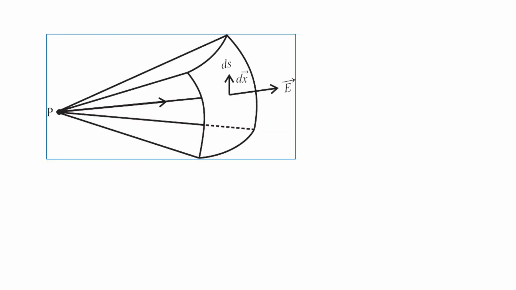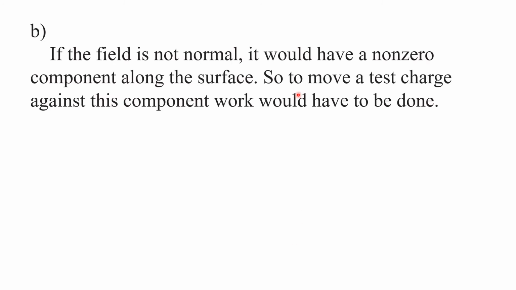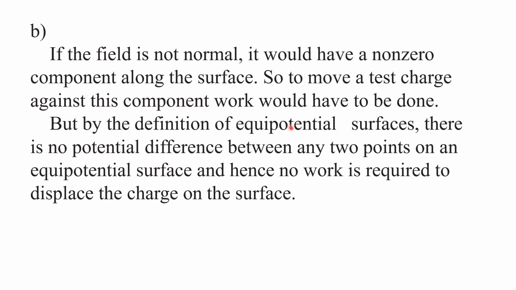In the reverse case, if the field is not normal, then it would have a non-zero component along the surface. So to move a test charge against that component, work would have to be done. But by the definition of an equipotential surface, there is no potential difference between any two points on it.